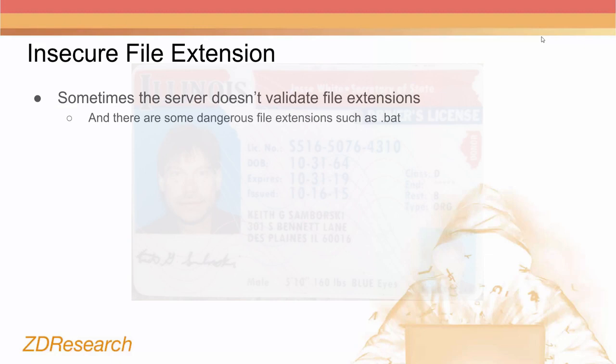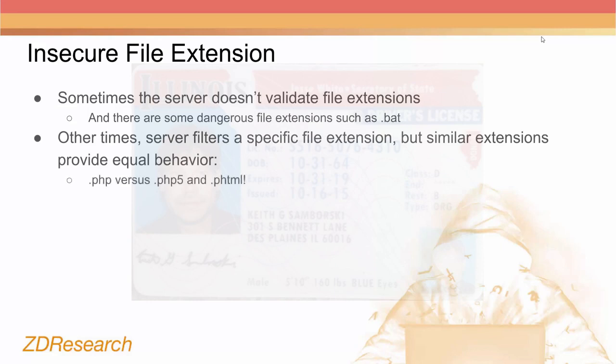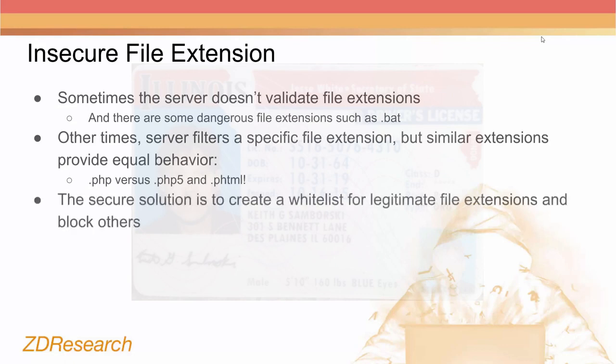So some example file extensions that are dangerous can be .bat files, which are batch executables in Windows. Some other times, the server filters a specific file extension, but similar extensions that provide similar functionality are allowed. So for example, PHP and PHTML. And the developers are not always aware of this because it relies on the server configurations. So PHP or PHP5 or PHTML generally on Apache servers do the same thing.